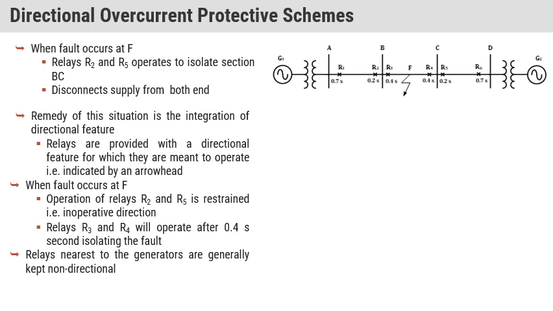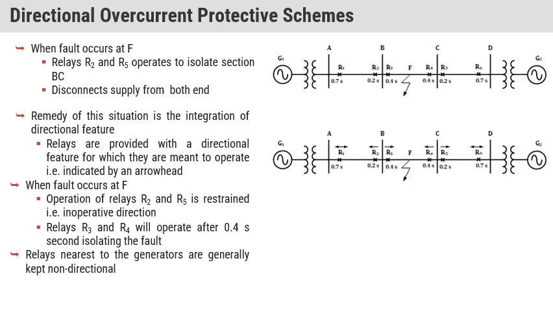If we keep a non-directional relay, it will operate if a fault occurs in any direction. So if the arrow is in both directions, it means it is a non-directional relay, and if it has an arrow in a certain direction, it is a directional relay.